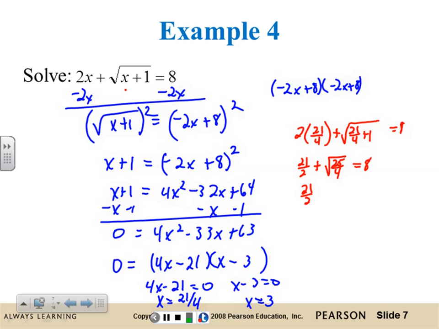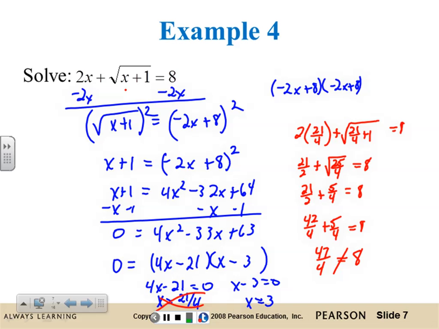So 21 over 2 plus 5 over 2, does that equal 8? So here I need a 42 over 4 plus 5 over 4. Does that equal 8? So we're going to have 47 over 4, and that does not equal 8. So this is not a solution.